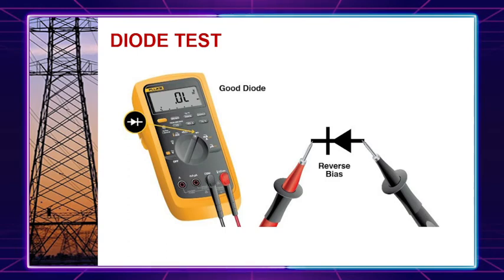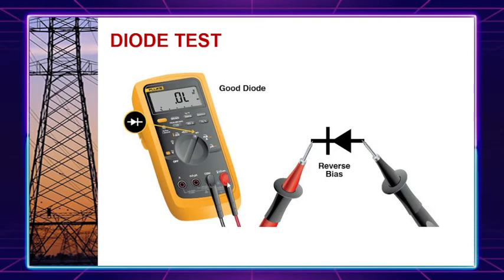A digital multimeter or multitester's diode test produces a small voltage between the test leads. By the way, here's an example of a multitester. This part is what we call the range selector, and this type is a digital.